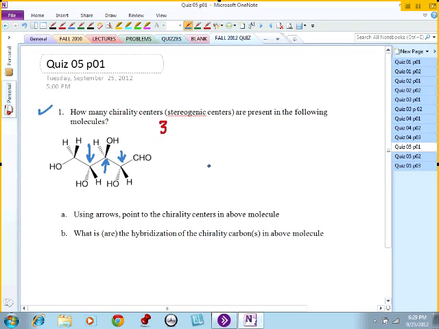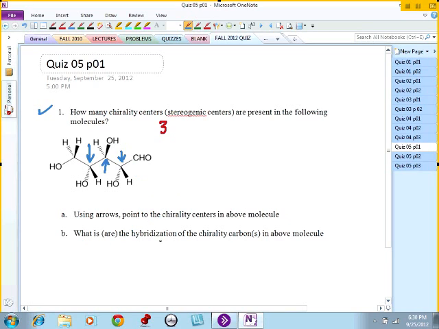A chirality center is any carbon atom that is attached to 4 different groups, or it could be 4 different atoms. Okay, so these are the 3 chirality centers.